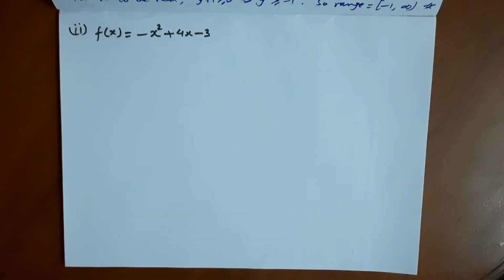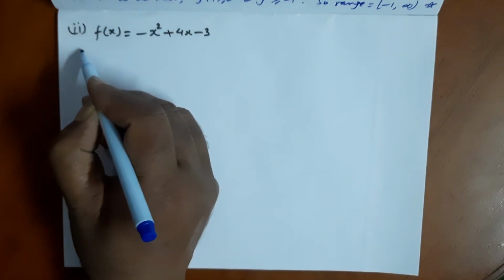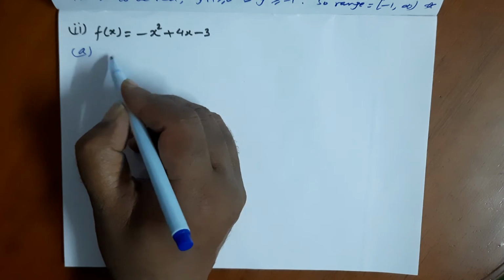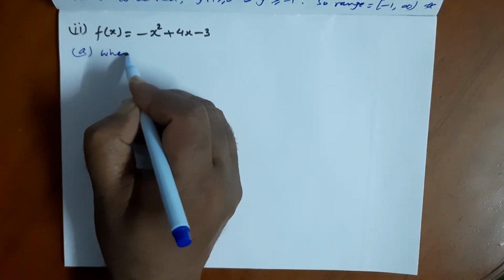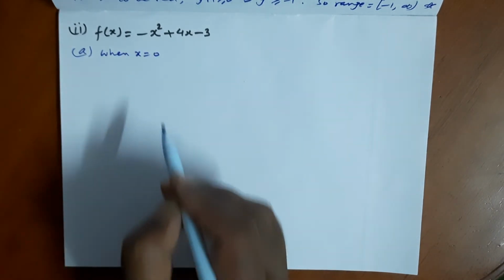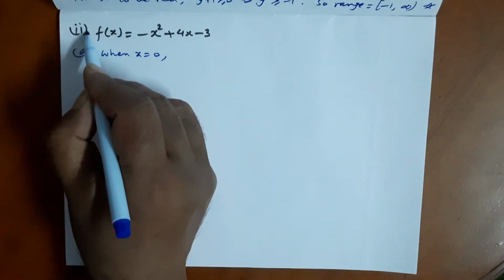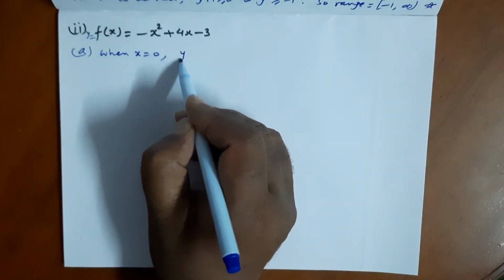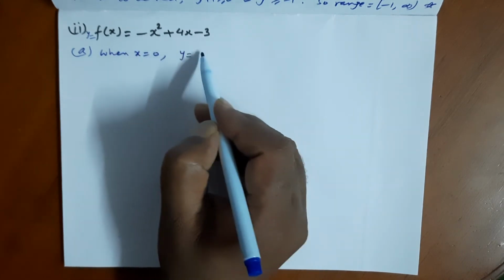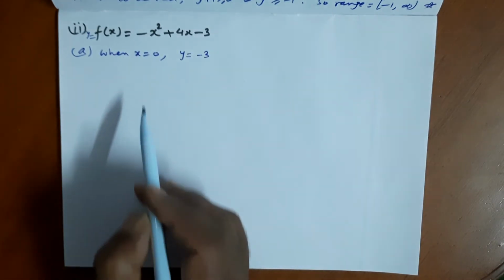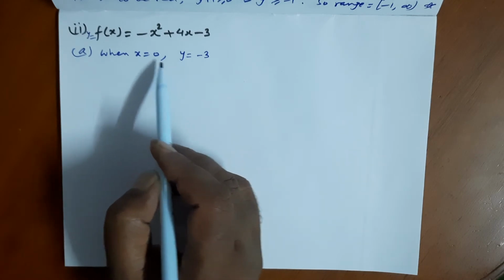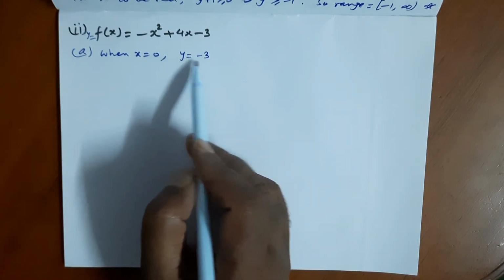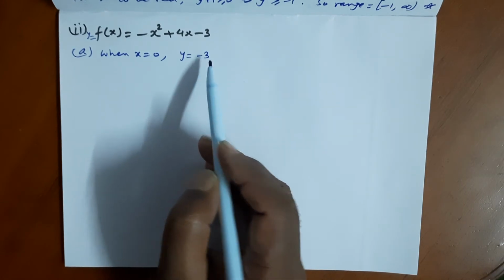First of all, when x equals to 0, y equals to f(x), y equals to 0 here, so y equals to minus 3. So the curve intersects x equal to 0, means the y-axis, at (0, -3).